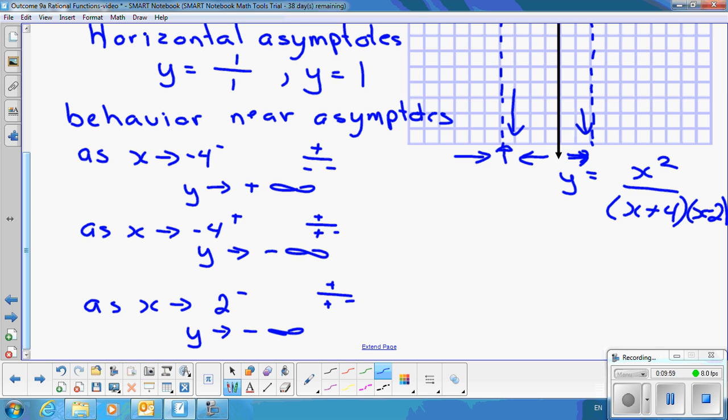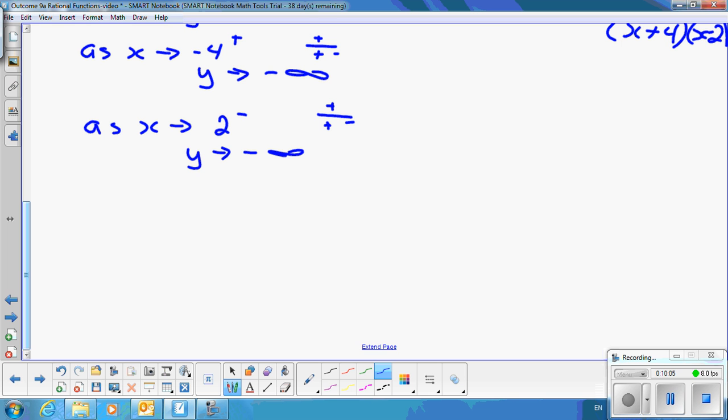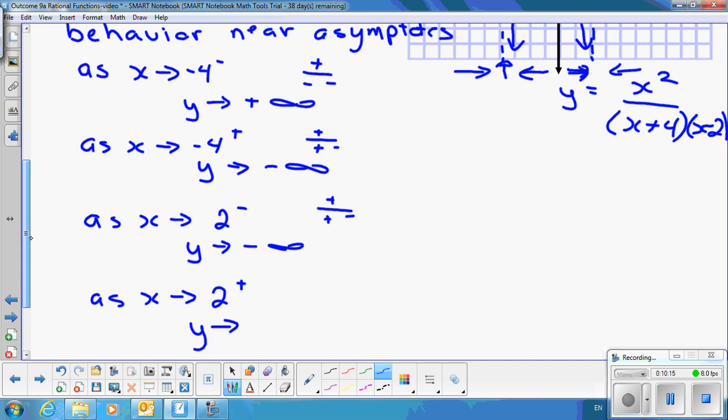We just have one place left to look at for vertical asymptotes, and that's approaching positive 2 from the right-hand side, or from the positive side. So as x approaches 2 from the positive side, we want to see what happens to y. If we pick a value like 2.1, our denominator will be positive. 2.1 plus 4 is positive. 2.1 minus 2 is positive.